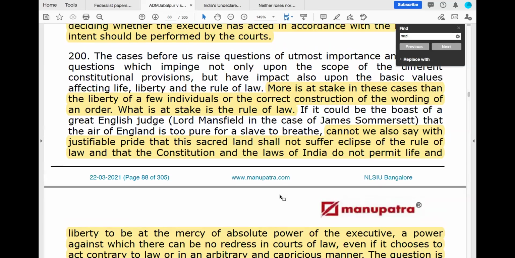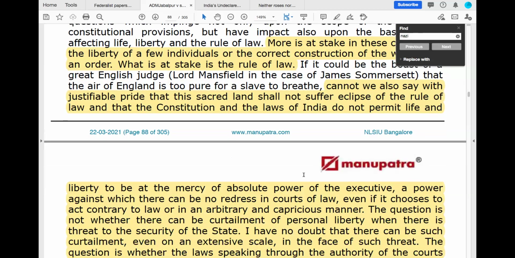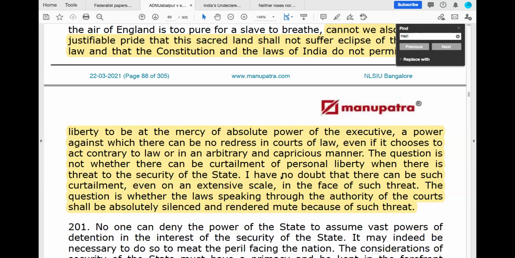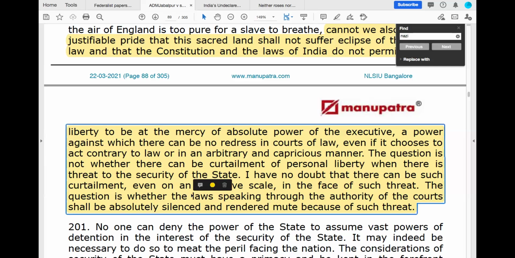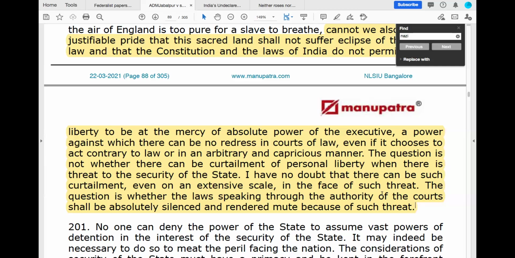See, here is a very important concept which is being put forward, which is the idea of the rule of law. The argument is not that you can't declare an emergency. You can. The state has the power to proclaim an emergency. But the question is, when the emergency is proclaimed, will the law speaking through the authority of the courts be absolutely silenced and rendered mute?